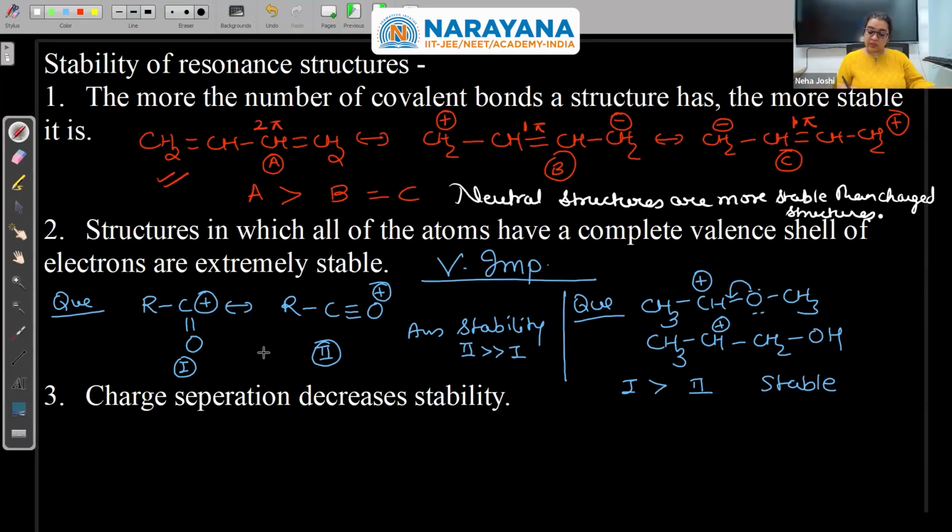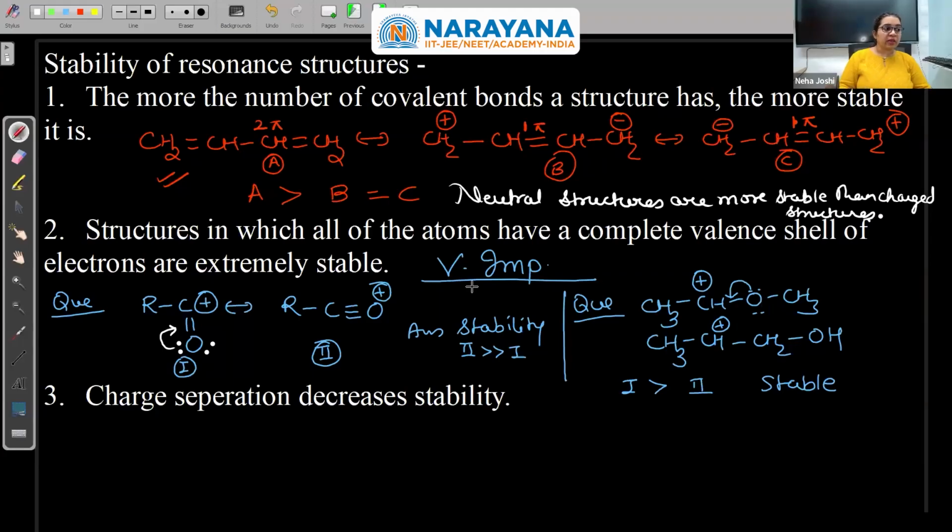This one is from Mains, this one is from Advanced. So the concept, of course, now R I am keeping variable. If you are seeing this acylium ion, this is a resonating structure, then I take the lone pair, a triple bond is formed, O positive. So 2 is more stable than 1.